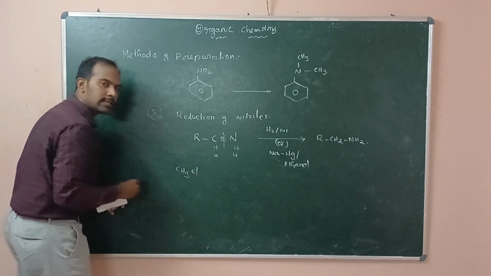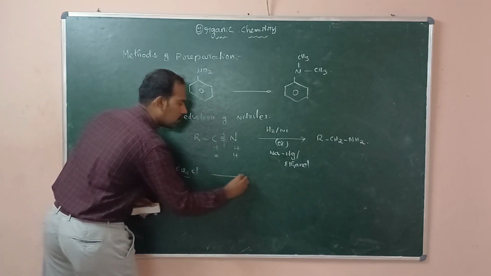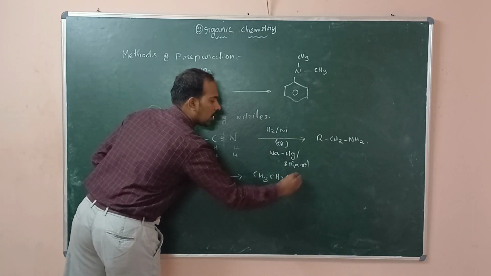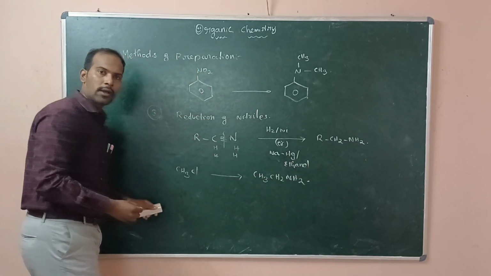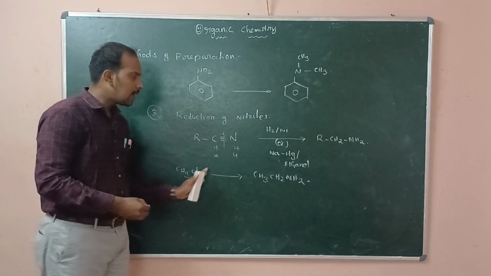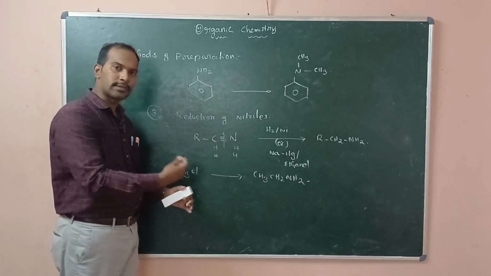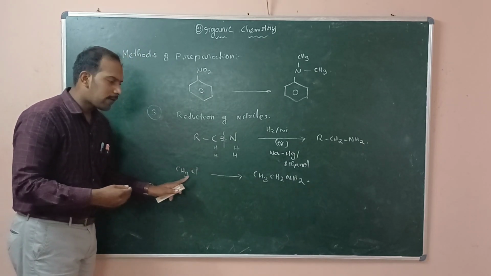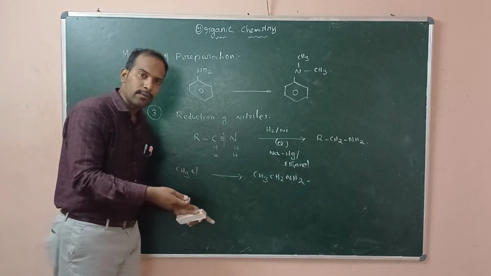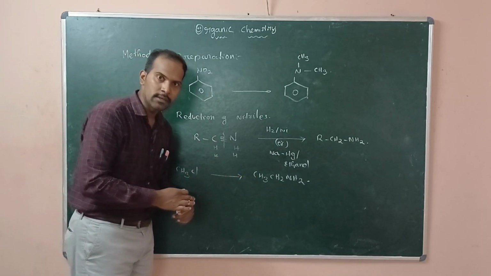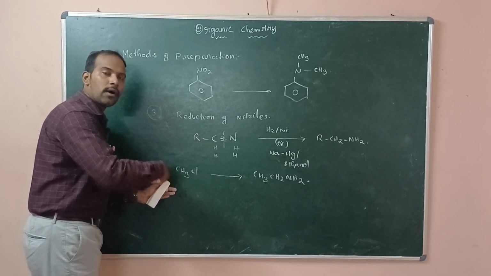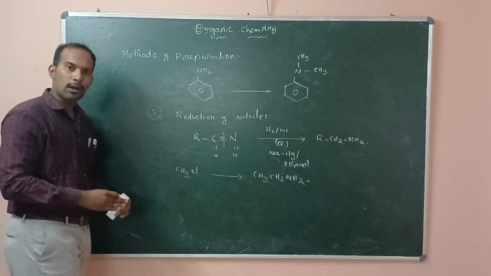Here the most important conversion is how you convert CH3Cl, methyl chloride, into CH3CH2NH2. This question will be very helpful. So RX, first we have to increase one carbon, then further we have to reduce it. How do you convert this RX alkyl halide to alkyl cyanide? We studied this in the haloalkane chapter.